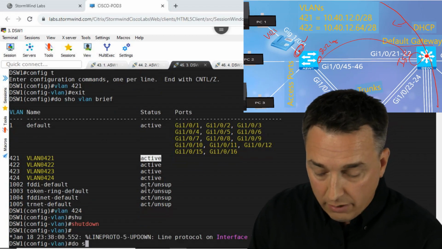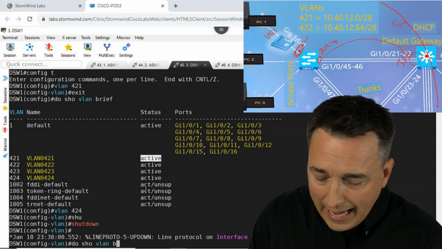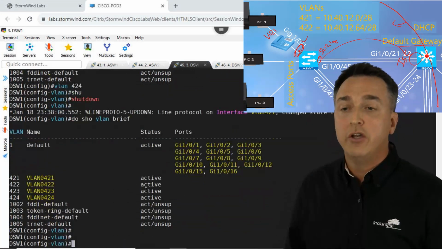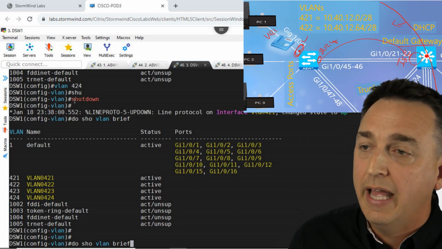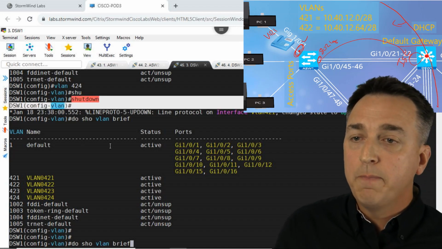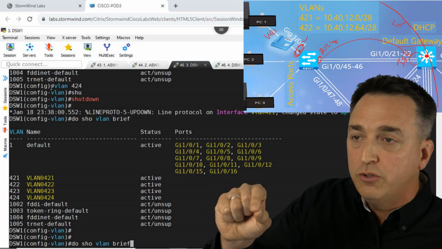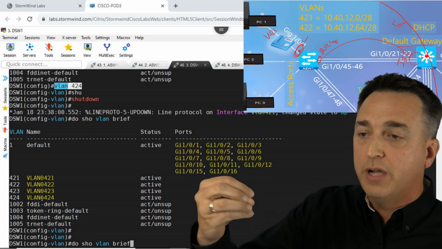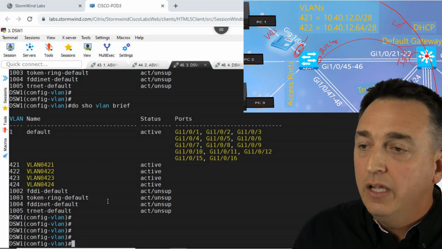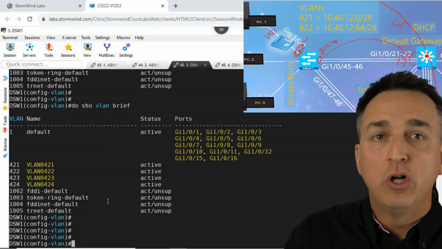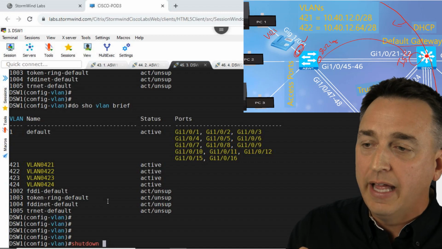And by shutting down a VLAN, what that does is it ensures that no traffic is allowed to flow for that particular VLAN now. In this case, when you just type in VLAN 424 and you type in shutdown, it actually will disable that very specific VLAN.